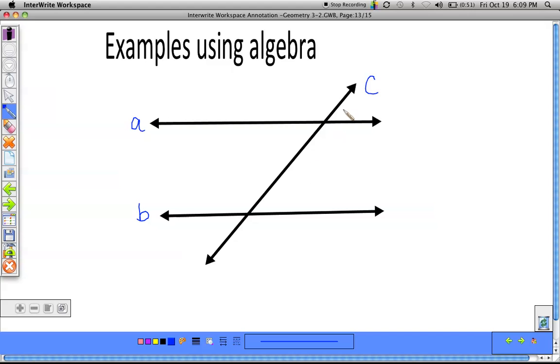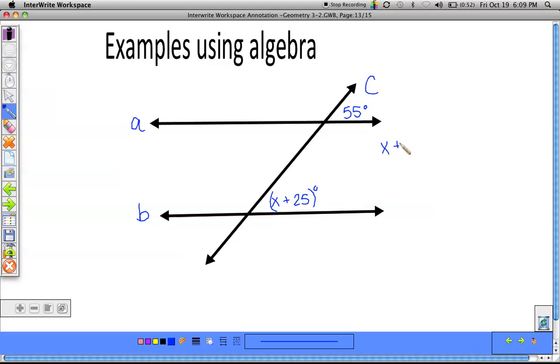With this one, we have this angle is equal to 55 degrees, and this one is equal to x plus 25 degrees. And these are actually corresponding angles again. But they're corresponding angles again, and so they're going to be congruent if A and B need to be parallel.